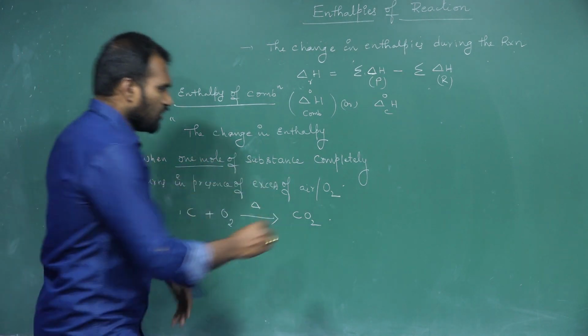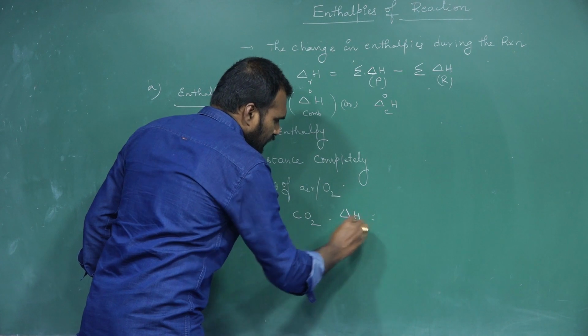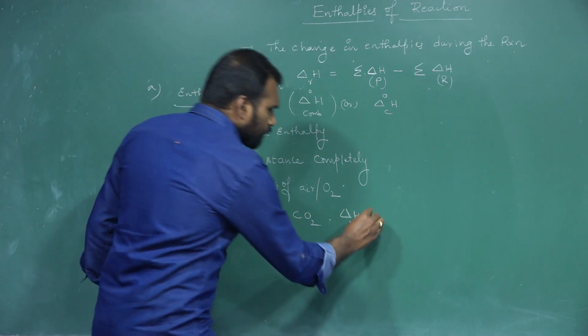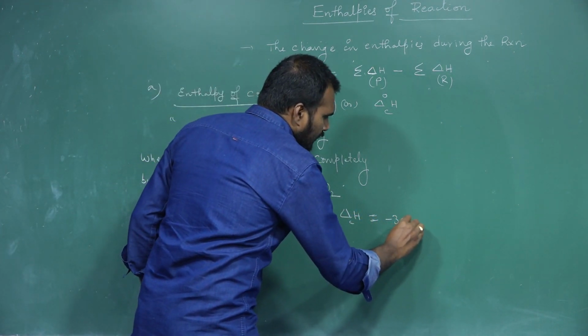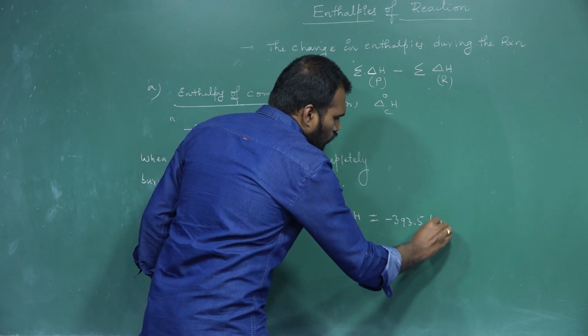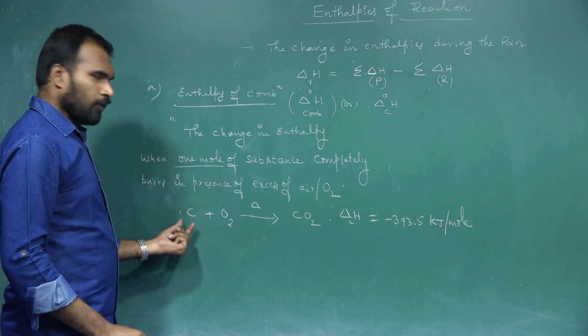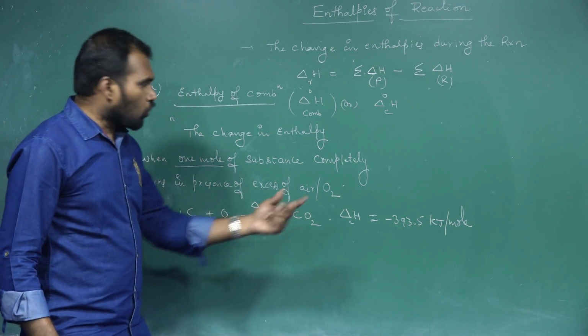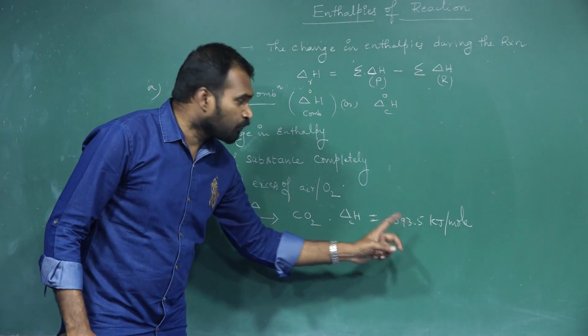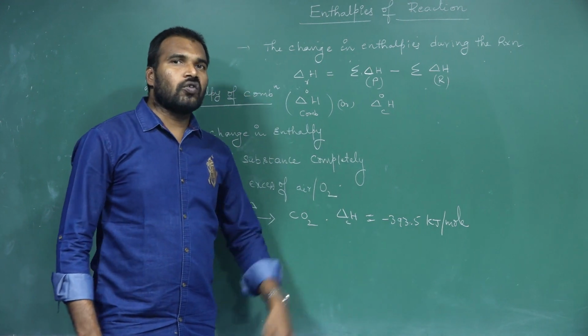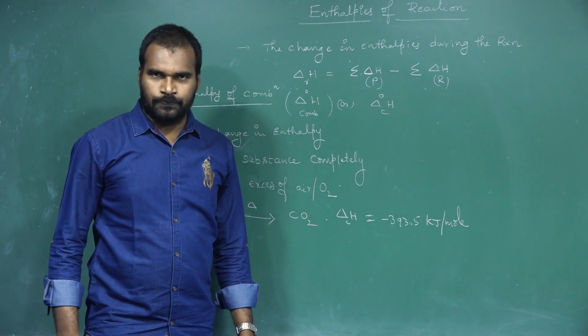So whatever the heat changes, that del HC here is equal to minus 393.5 kilojoule per mole. That means when 1 mole of carbon undergoes combustion, it liberates 393.5 kilojoules of heat energy.